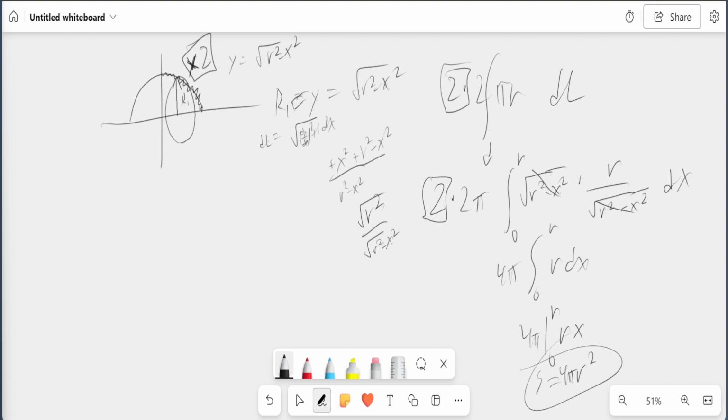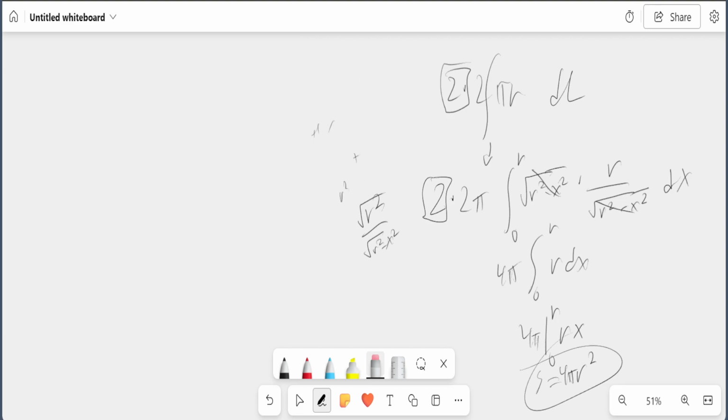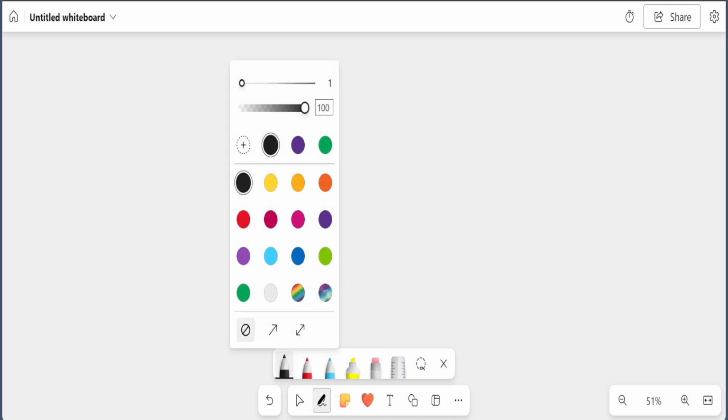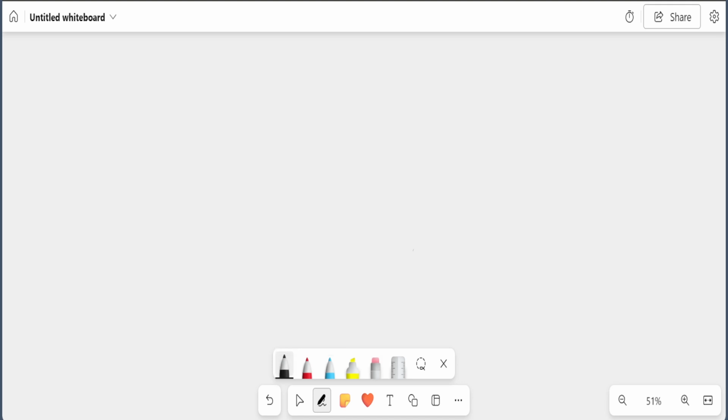Sphere, ellipsoid, average value of a function. This one's pretty cool. Oh, does it just mean, okay, I know what it means. So the way we define the average value of a function is, we have a function. We want to find the average value from a to b.